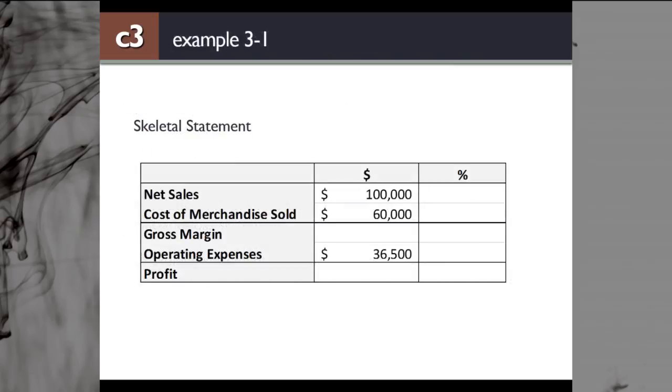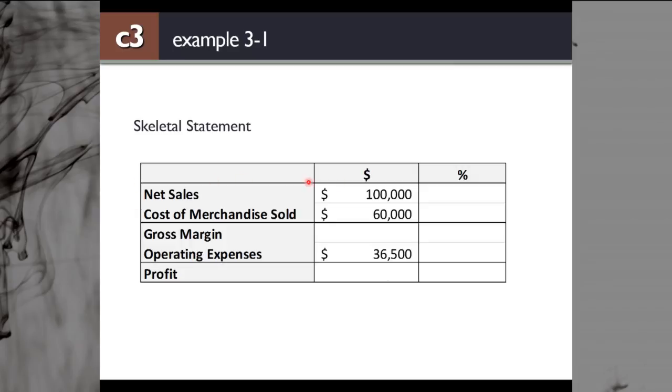Example number 3.1. Here is the profit and loss statement, also called a skeletal statement. As you can see from this example, you see all these 5 important components of the skeleton statement on the left hand side.